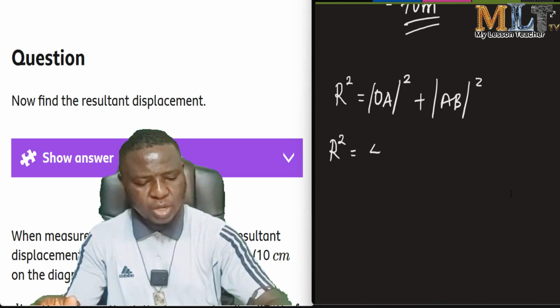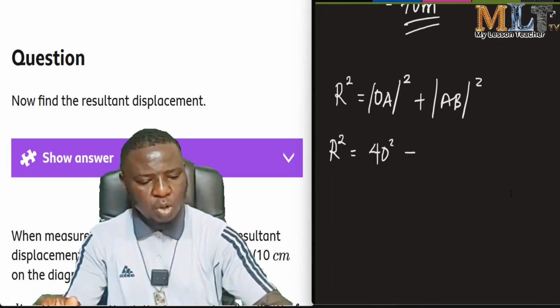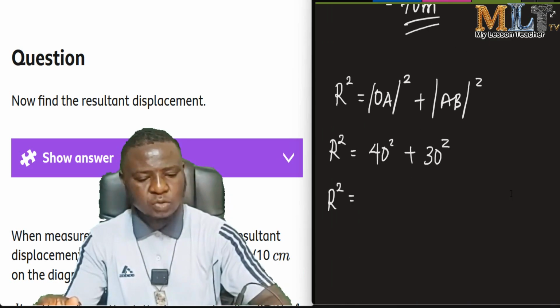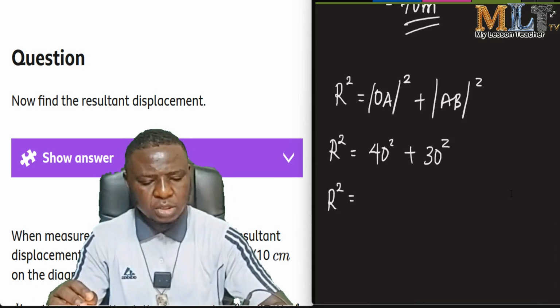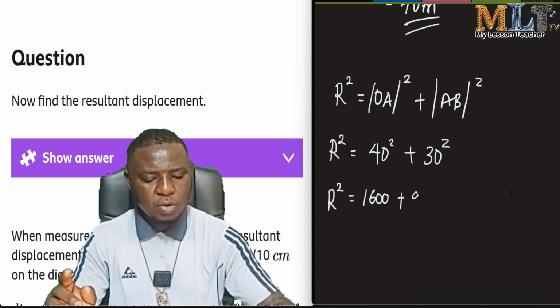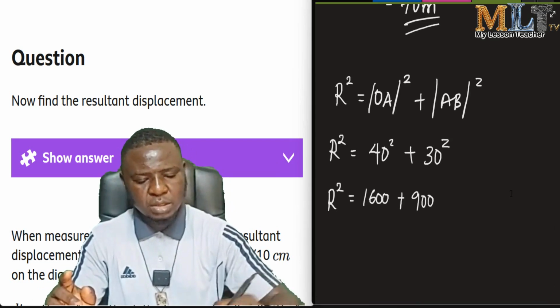So this is 40 squared plus 30 squared. So r squared is equal to 40 squared, which is 1600, plus 30 squared, that should be 900. Yes.